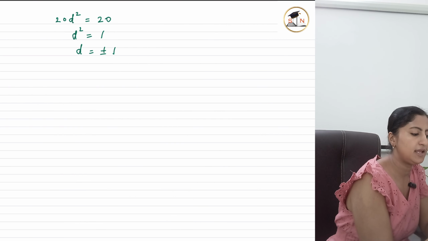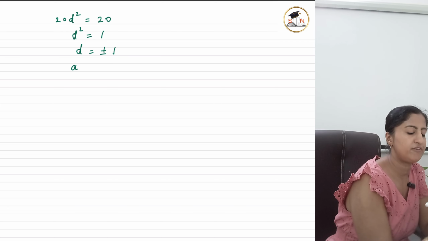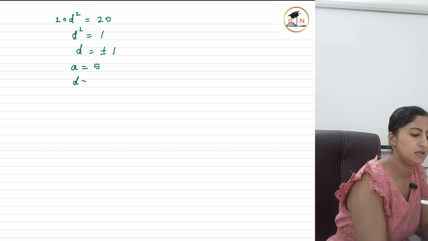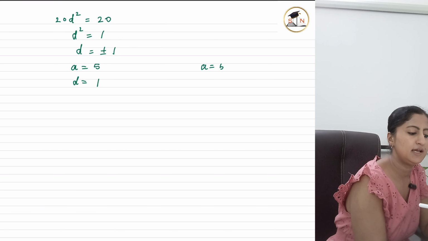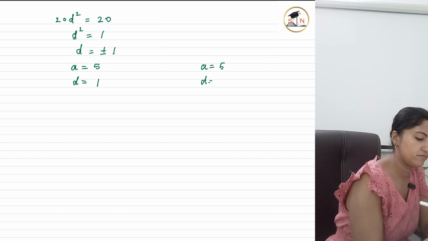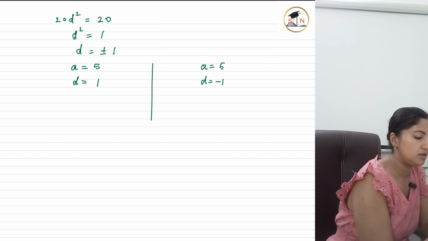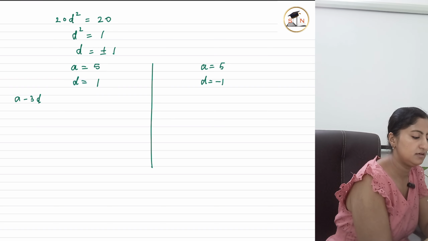We have A as 5, D as 1. On the other side, A as 5 and D as negative 1. A minus 3D, A minus D, A plus D, and A plus 3D.